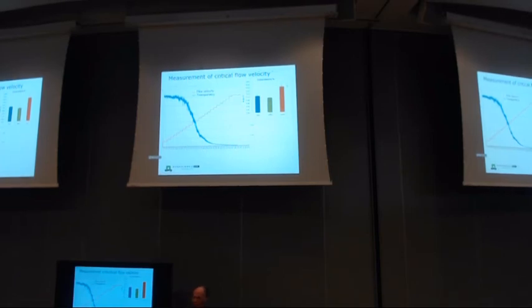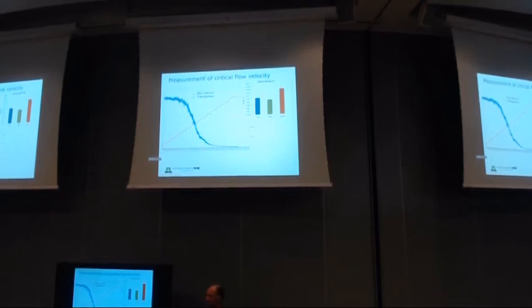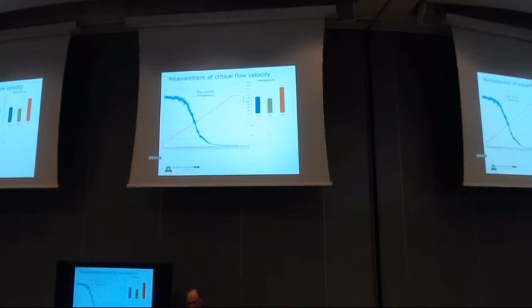Surprisingly, the peat, where you have a lot of organic material, starts much earlier. At let's say 9 centimeters per second flow velocity, peat already starts to resuspend. So you see some differences here.